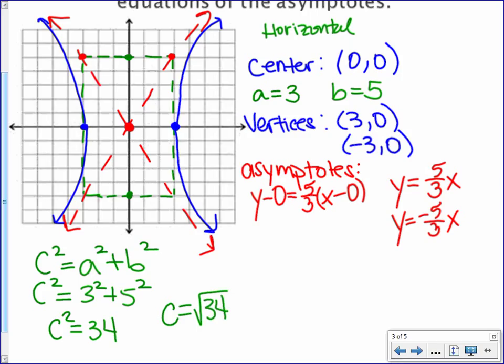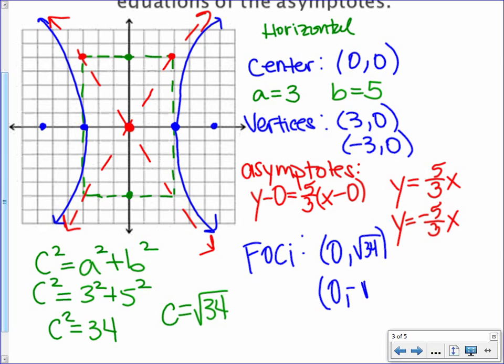Square root of 34 is almost the square root of 36, so we can approximate C to be almost 6. I'm going to plot my foci almost 6 away from our center: 1, 2, 3, 4, 5, almost 6, and the other way, 1, 2, 3, 4, 5, almost 6. Those points are (0, positive radical 34) and (0, negative radical 34).